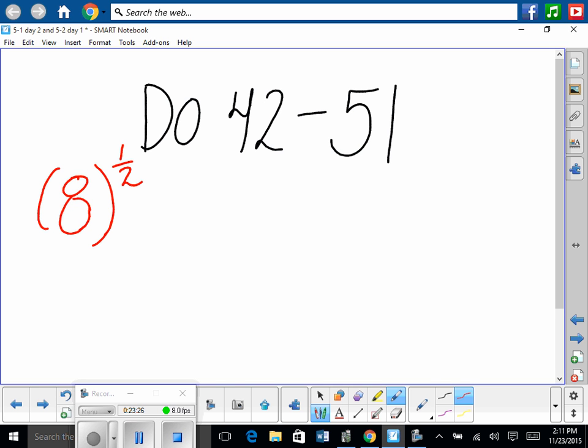Yeah, 46. 4 plus 2 is? 6 plus 1 is? 3 plus negative 4, right? Is that what we're doing?